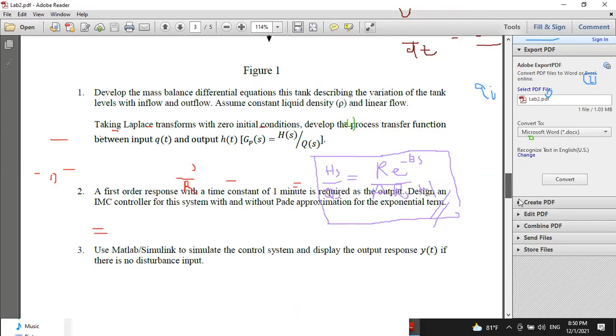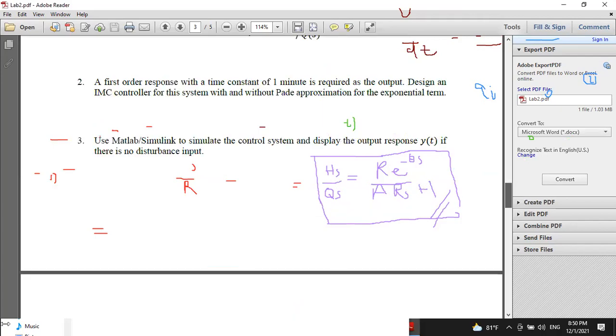So watch the recording if you miss some parts, right? So you use these values. You use r equals 2, theta is equal to, let's say, 4, then a is equal to 10.